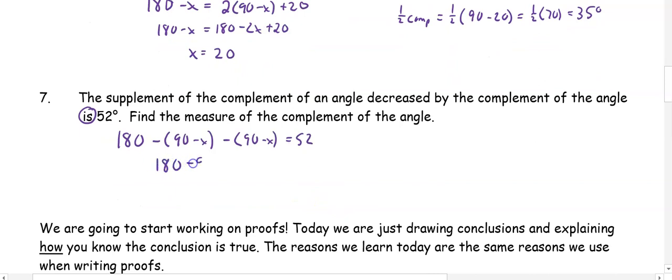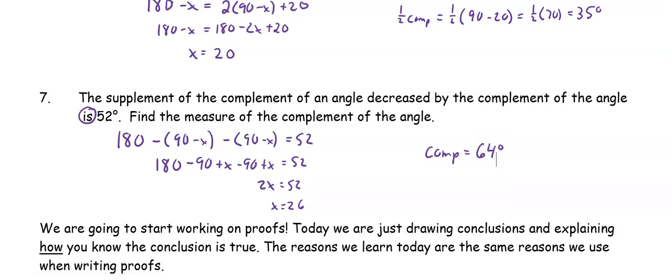So as we solve this, 180 minus 90 plus x, minus 90 plus x, is equal to 52. When we combine like terms, we're left with 2x equals 52, so x is 26. So if our angle is 26, our complement here would be 90 minus 26, which is 64 degrees.